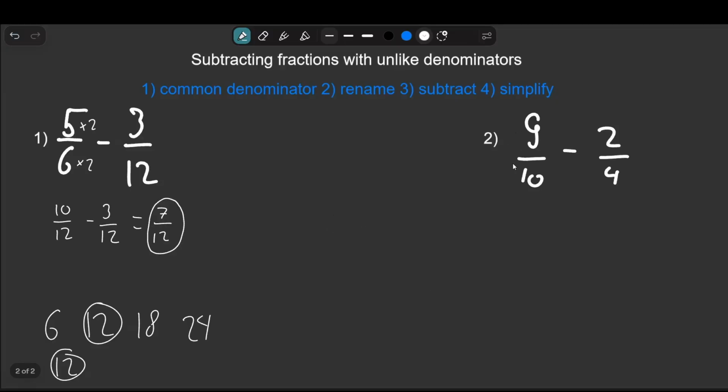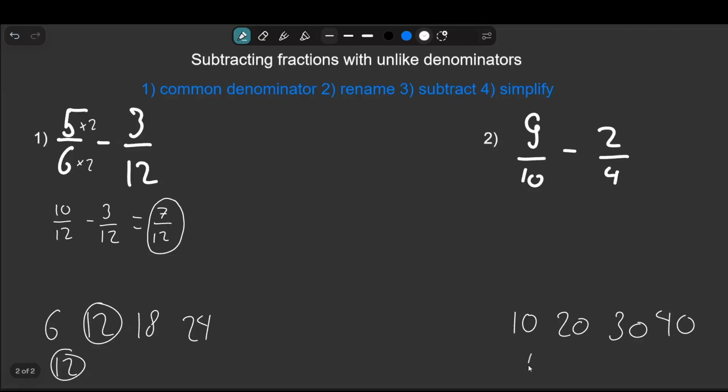Okay, now for the second example, we have 9/10 minus 2/4. As you can see, the denominators aren't the same, so we have to find the common multiple to make them both the common denominators. So, let's write down a list of 10 again. Start with 10, then 20, 30, and 40.